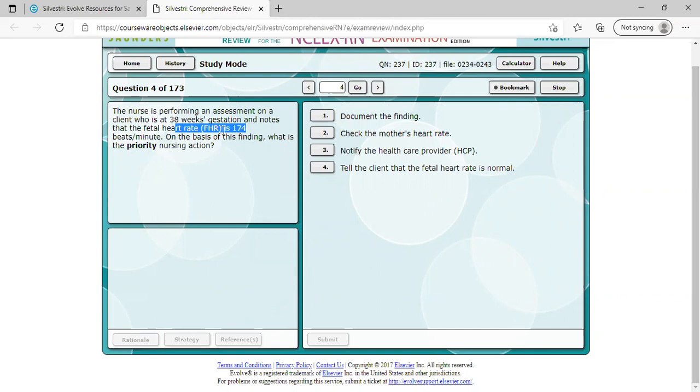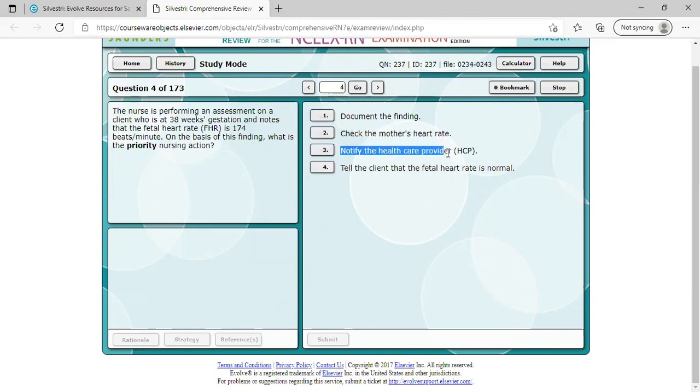So when you find this, with these options, what could you do? Document the findings. Yes, we will document it, but not now, at the ending. Check the mother's heart rate. You can do it, but it is not the priority. Number 3, notify the healthcare provider, is a good choice.